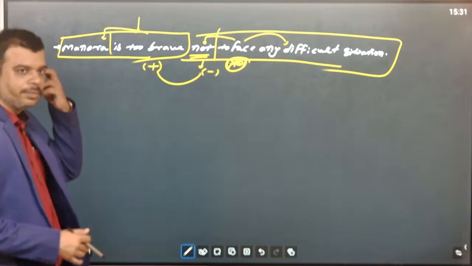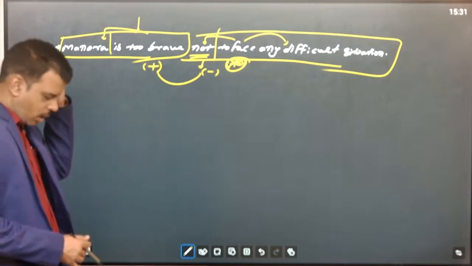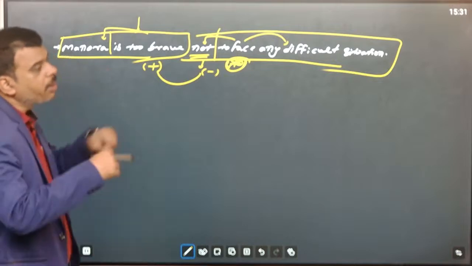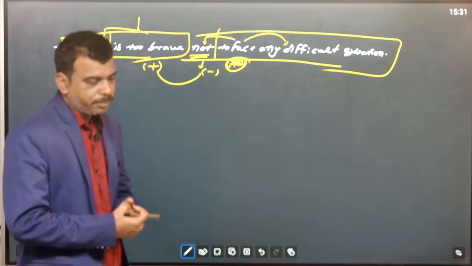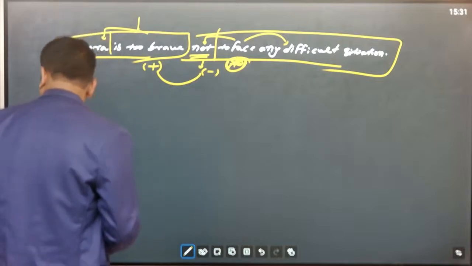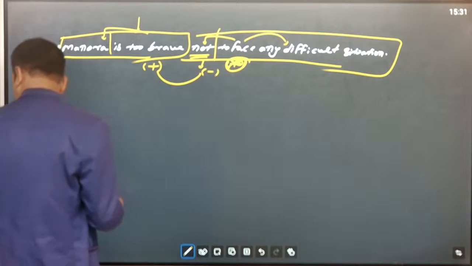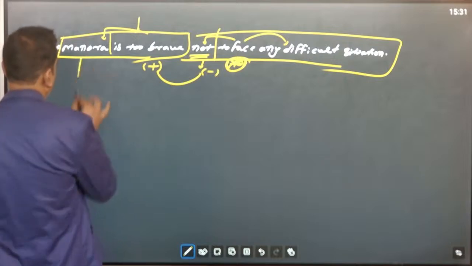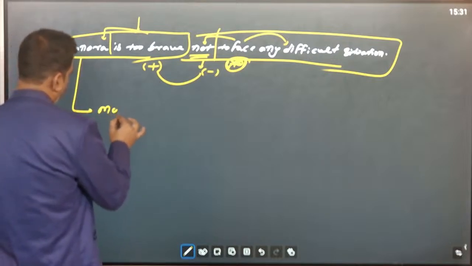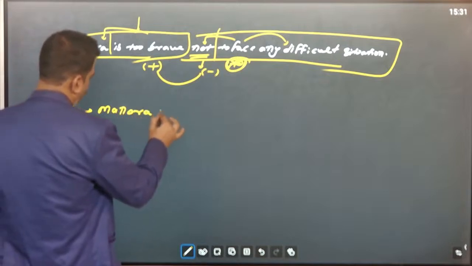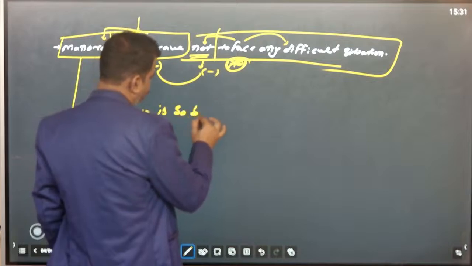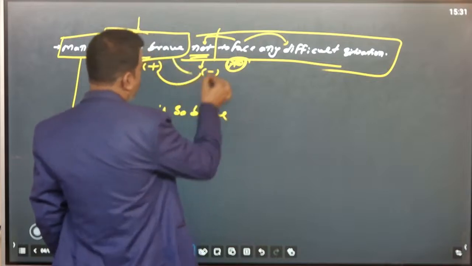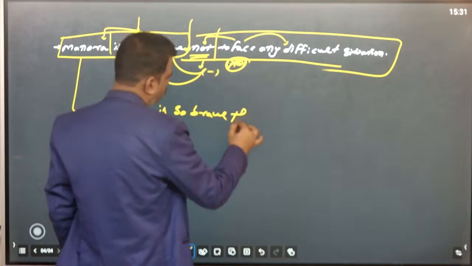But if I want to change the sentence into a simple mode, what will be the structure? It will be somewhat like this. Manorama is so brave, and after that we have to use a conjunction, that is "that".